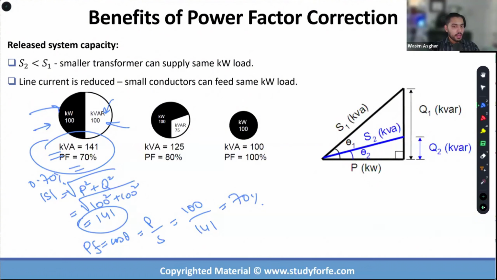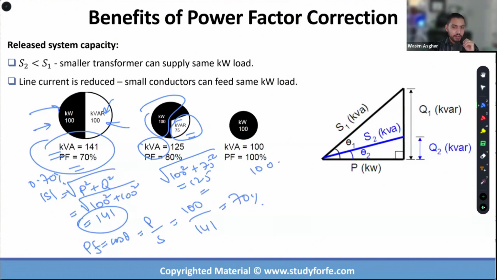And when we have a bigger share of the reactive power in the apparent power, or in other words, when we shrink the reactive power, then your kVA reduces because now the square root of 100 squared plus 75 squared is going to result in 125.